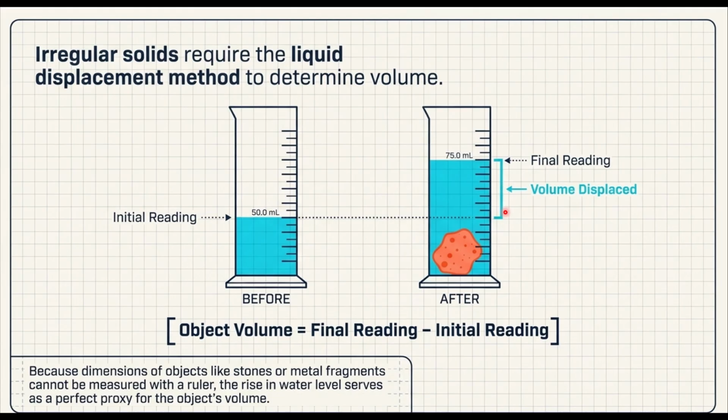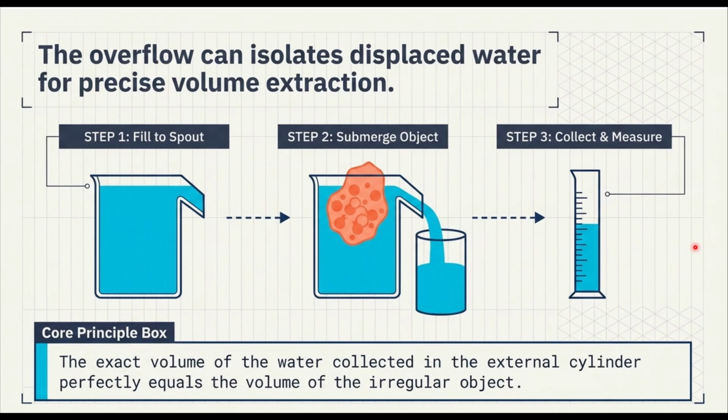So the object volume is equal to final reading minus initial reading. It is a simple technique, and scientists like Archimedes used it over 2000 years ago.